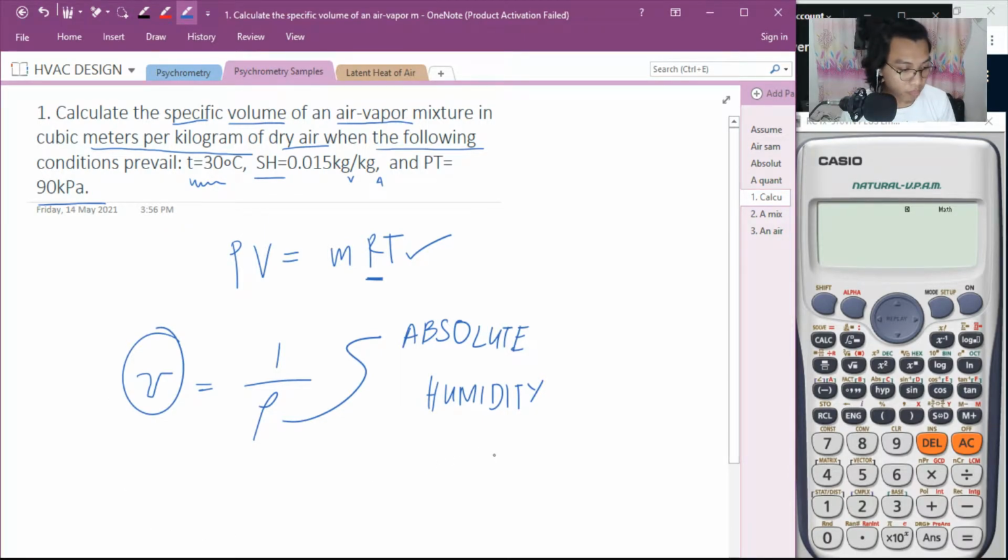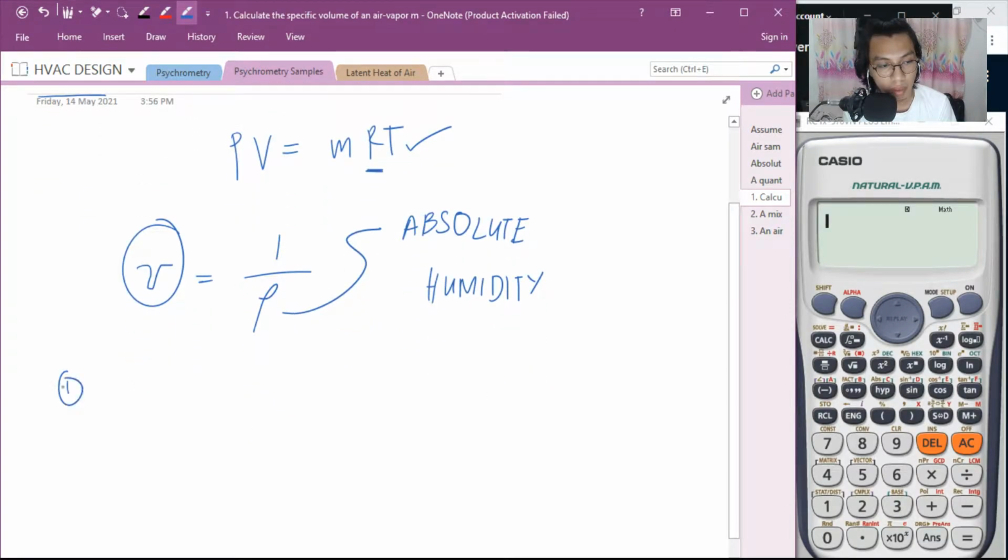First, ano ba yung mga dapat nating hanapin dyan? Number one, kailangan mahanap mo muna yung PV. Okay? Step 1, hanapin mo si PV. Saan mo makukuha to? Makukuha mo si PV using your PSAT at the dew point temperature. Okay?